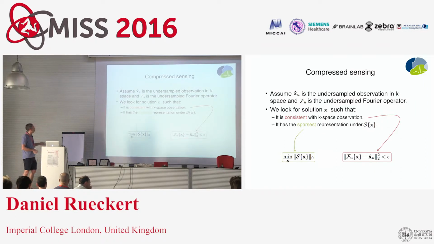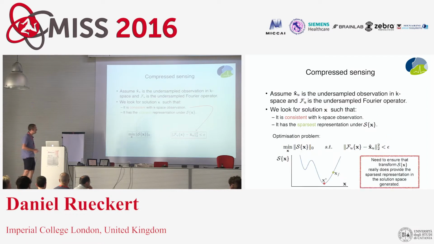So I want to find a sparse solution of the data as well. You can simply formulate this as an energy function and optimize this energy function. What that actually means is I'm solving this optimization problem: find the sparsest solution, subject to the fact that my solution is consistent with whatever measurements I've made in K-space.